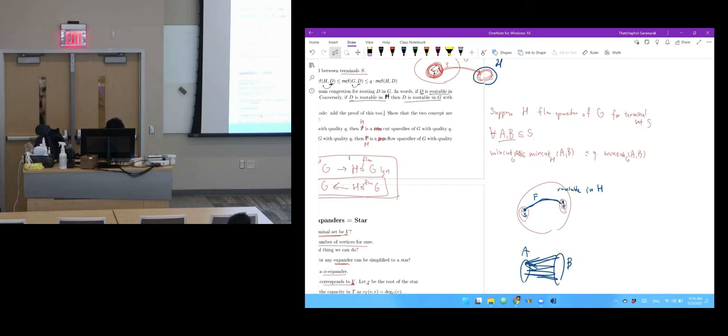Right. But then the min cut may not have A and B. Yeah, yeah. The min cut might be this.